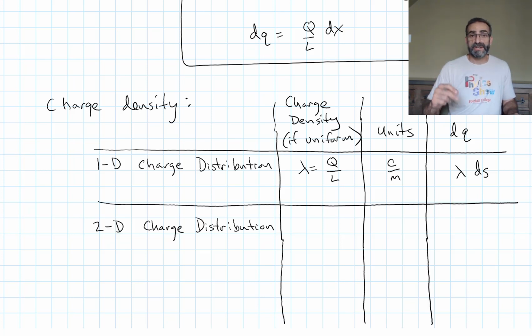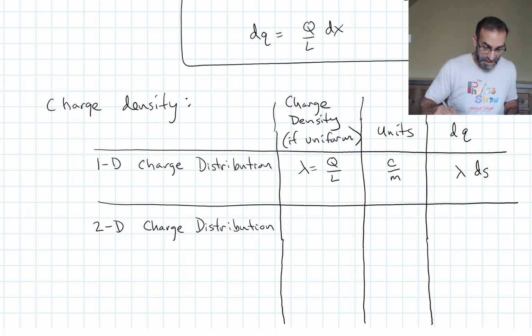For a two-dimensional charge distribution, that means that the charge is spread out over a surface. It could be a thin sheet like a wall. It could be a disk, a flat disk. Charge is spread out over two dimensions, a surface. We use a different symbol for charge density. I'm not sure why. Maybe because the units are different.